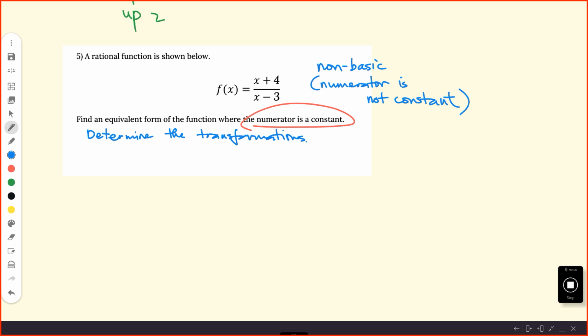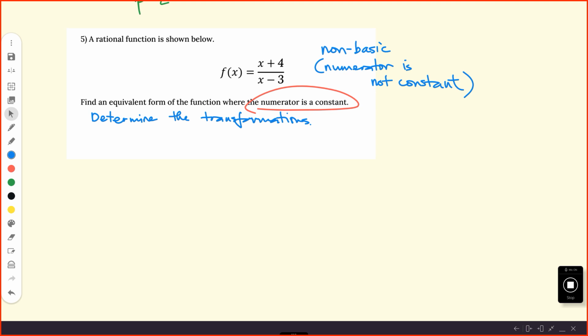So what we can do is, you're just going to divide this using either synthetic division, or you can divide this using long division. So that once we divide it, we can express it as a basic rational function, right? Okay, let's just use this method, long division.